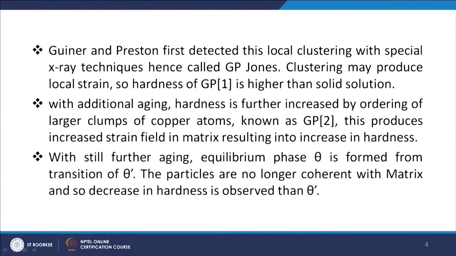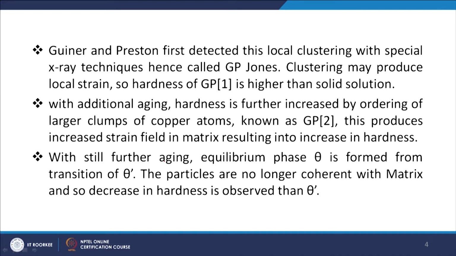One very renowned scientist has worked in this direction, and he has seen the variation of yield stress with aging time. That is Guinier and Preston, that is known as GP.